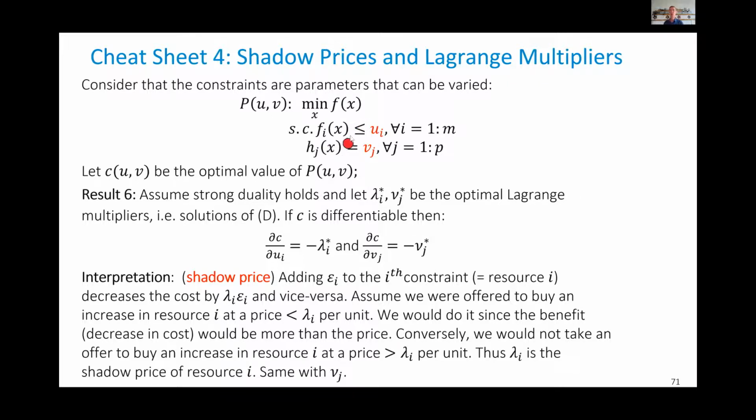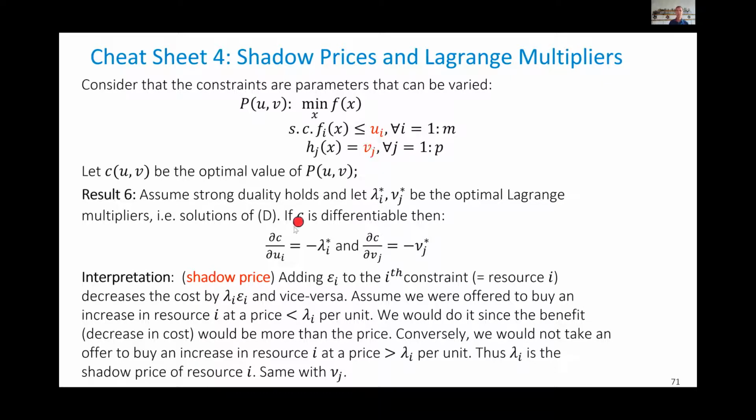So if I have a problem that I can put in this form, which means the function for the inequality is a fixed function minus an offset, and this offset I call u_i, and same thing for the equalities. Then I can ask the question, so for every u and v, I have a problem, and the problem has an optimal cost. And I can ask the question, how does the optimal cost vary with respect to the value of the constraints here?